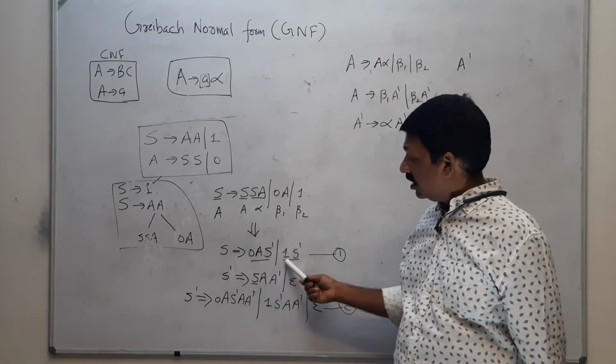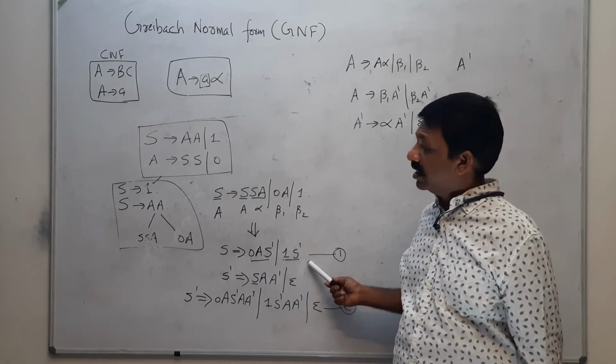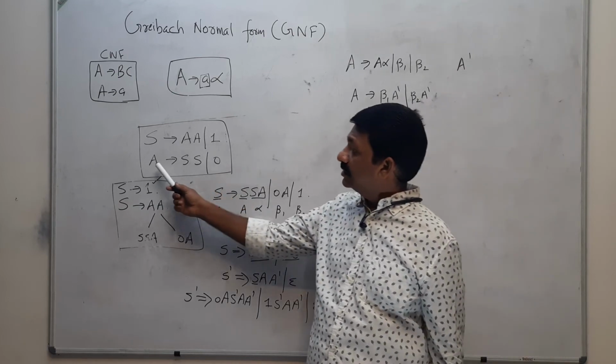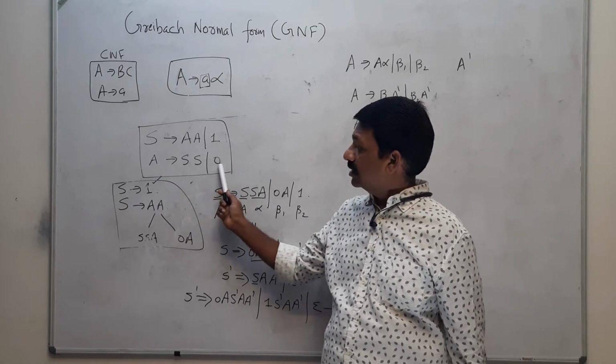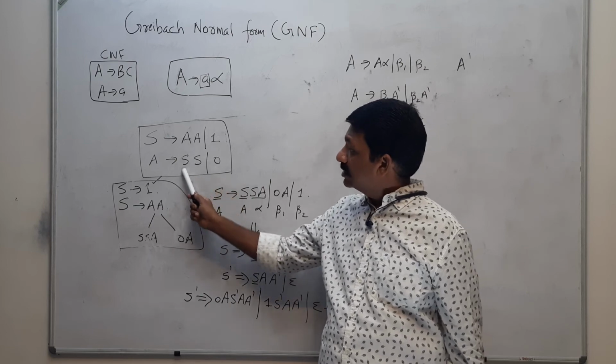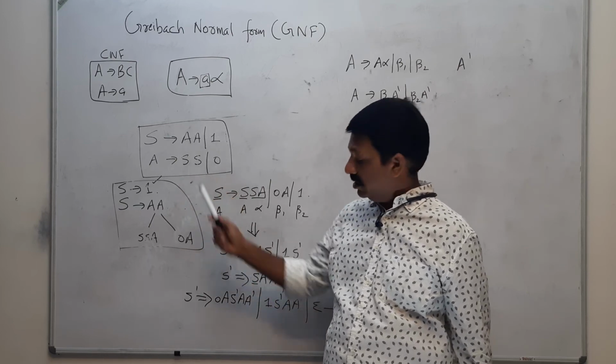S productions are in Greibach normal form. Once S productions are in Greibach normal form, you can easily handle A derives S or S0. Now this S has to be replaced with the S productions.